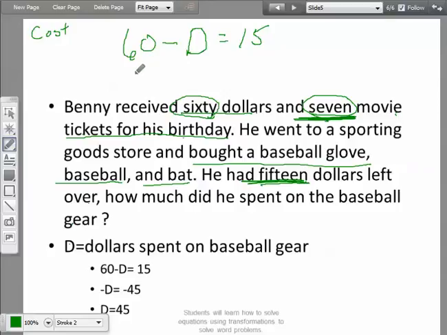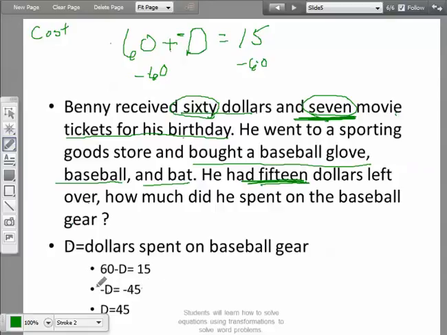So I'm going to subtract the 60. Why am I subtracting 60? I want you to look at it. 60 plus a negative D. It's being added to the d, right? So if I subtract 60, it's the opposite operation. And what I wind up with is a negative d is equal to a negative 45.